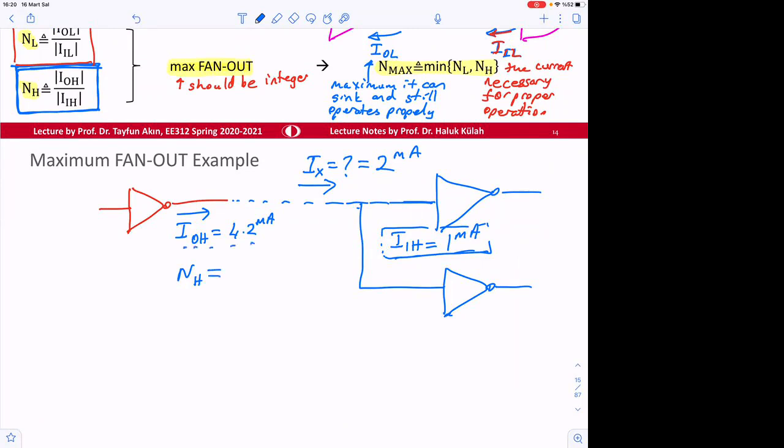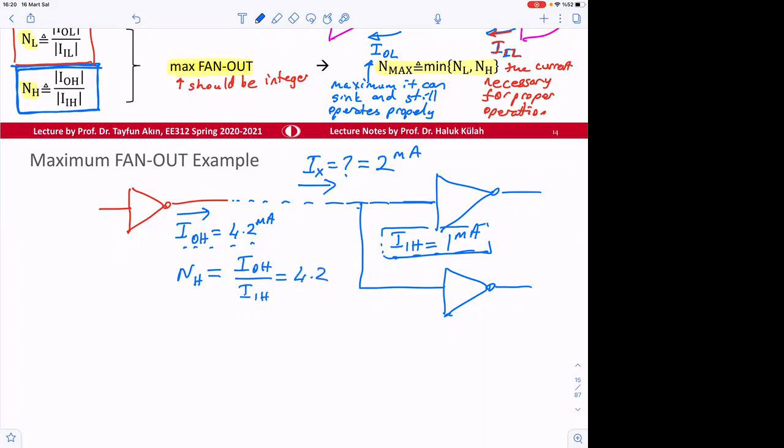Considering this value and this value, we can find it by doing I output high divided by I input high, which is going to be 4.2.